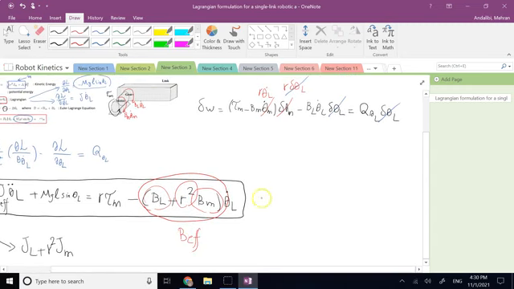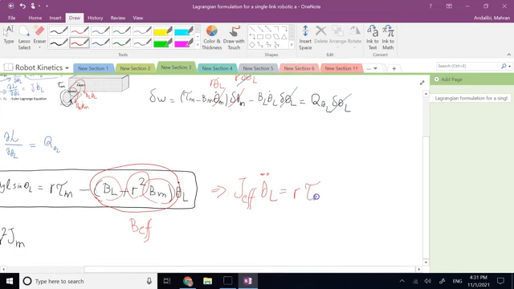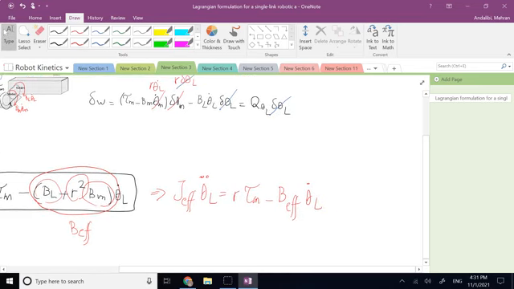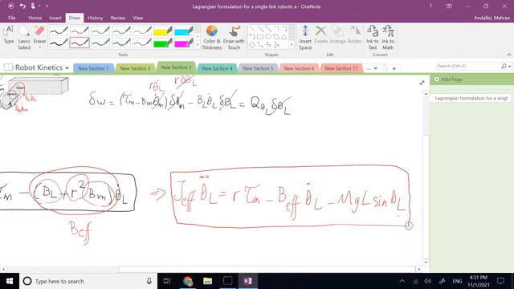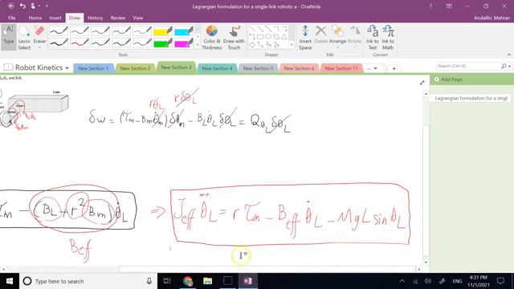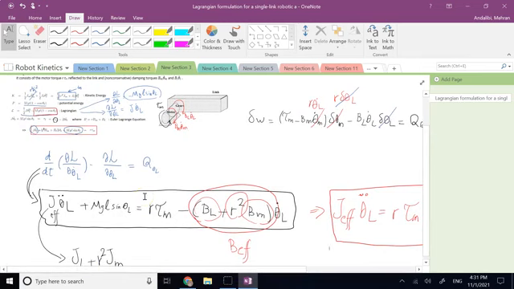And if that's the case, then my equation will be J effective times theta double dot of L, and if you take everything else to the other side, it's going to be r times tau m minus B effective, the damping term, times theta dot L, and then minus MgL sine theta, which is the term due to gravity. So this is another way to formulate the equation of motion for a single link robotic arm, considering the effect of the gearbox.